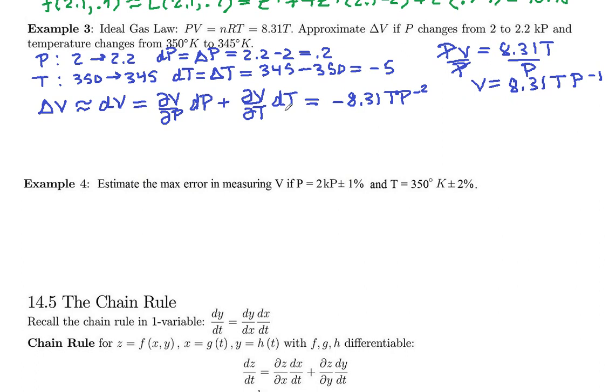And then times dP plus the T derivative here. So T is the variable, 8.31 P to the -1 is a number. So we've got a number times T, differentiate that, you're going to get the number 8.31 P to the -1. And then times dT, change in temperature.